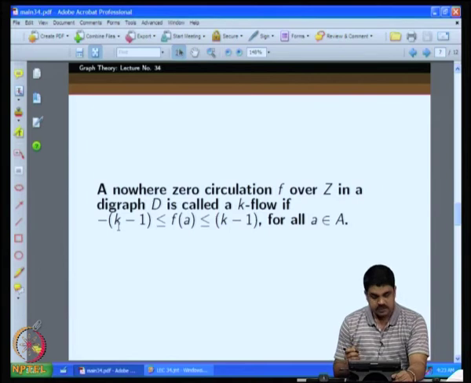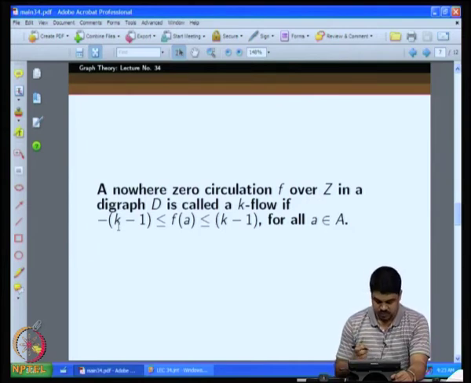For instance, if you are talking about a 2 flow, we want the values of the circulation to be minus 1 or plus 1. Of course, the values are integers. We are not allowed to use fractional values or real values.